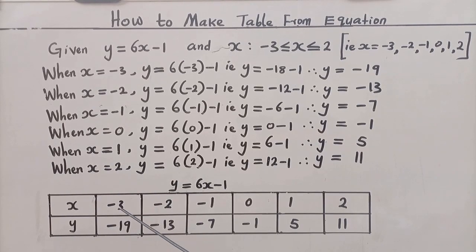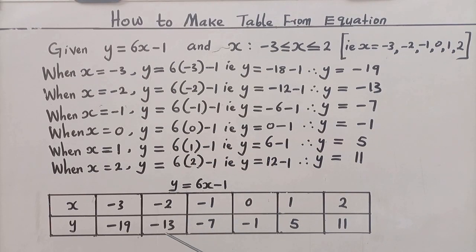Again, look at this table, summarizing this exercise here. When x was equal to -3, y was -19. See it here. x is -3, y is -19. So this is the summary of this first line.